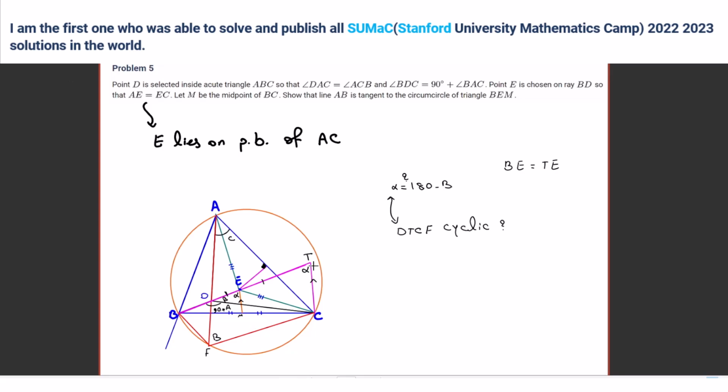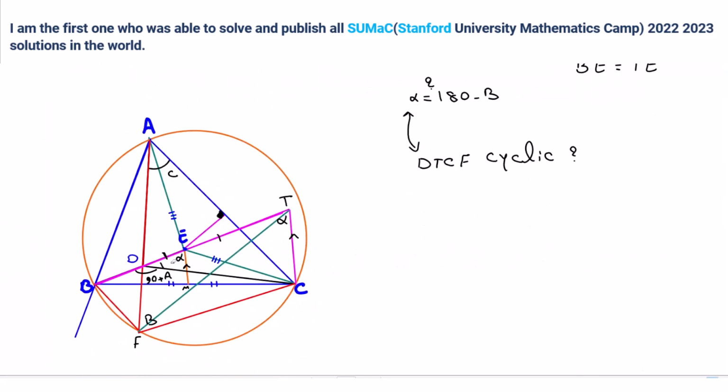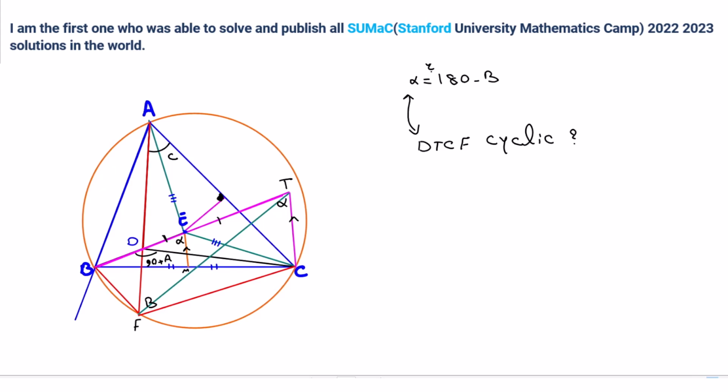Which angle? This angle. Let me show you. Let me maximize it. I said, let me call it D1. Do you agree if D1 is equal to F1, we can prove this quadrilateral is cyclic?